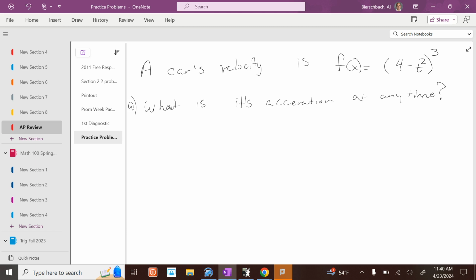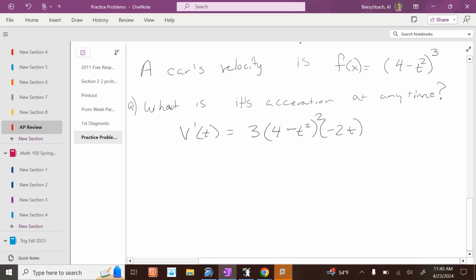What does acceleration do when you're dealing with velocity? The derivative. So you're taking v sub t equals 3 times 4 minus t squared, squared, times negative 2t. Forgot the squared.